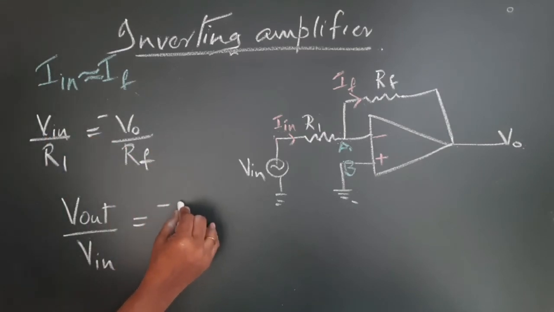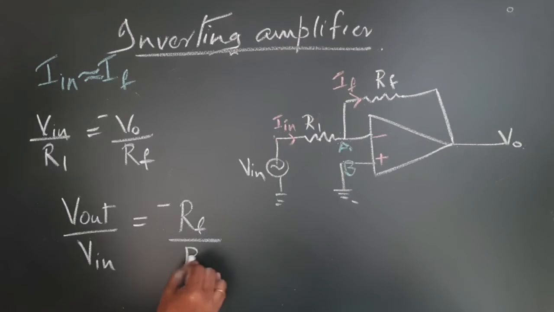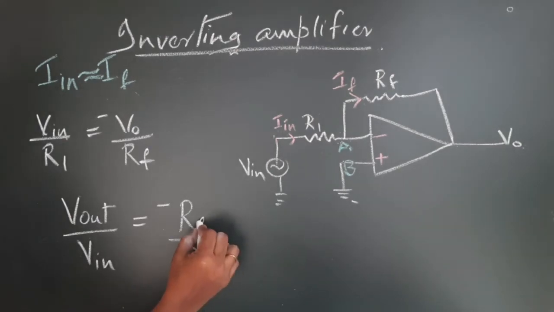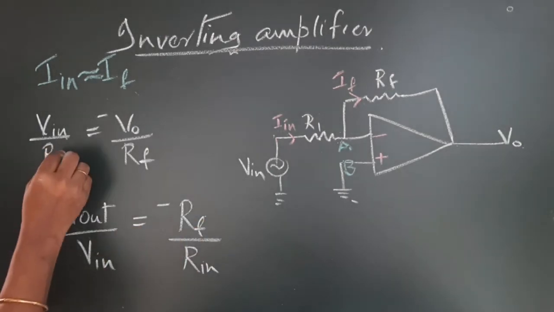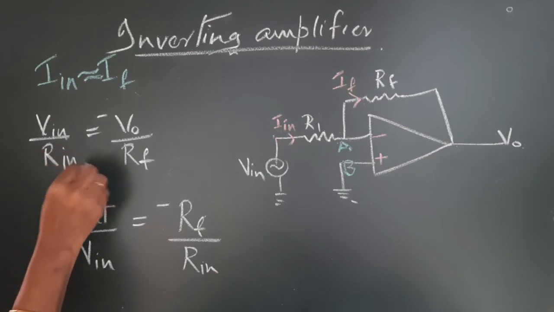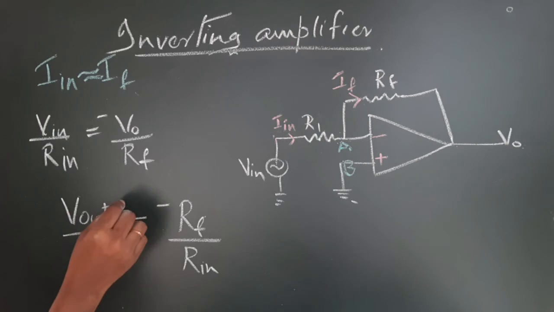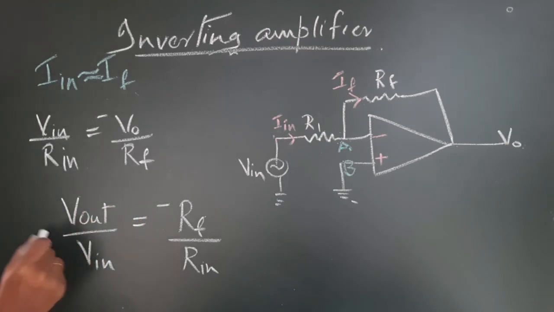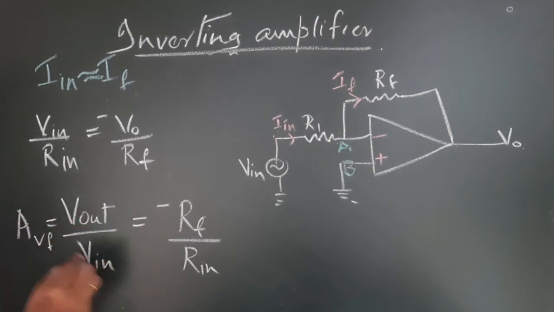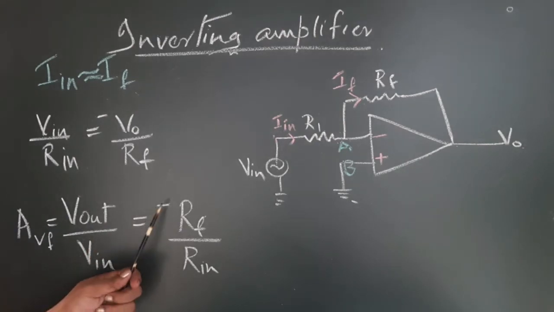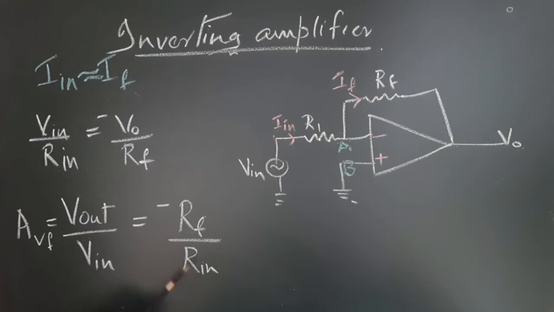Minus RF by R in, or R1, whatever you would have called it. I have used it in both manner. So the voltage gain with feedback, V out by V in is equal to minus RF by R in.